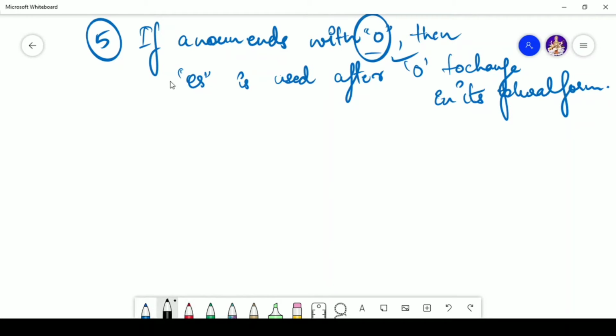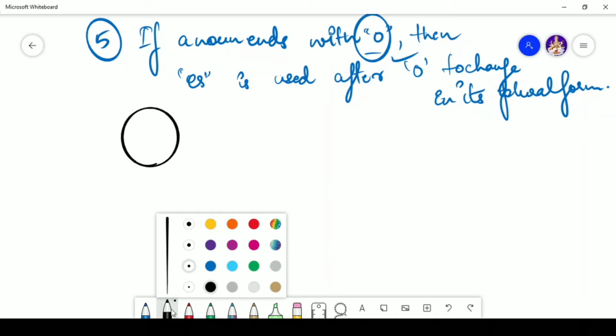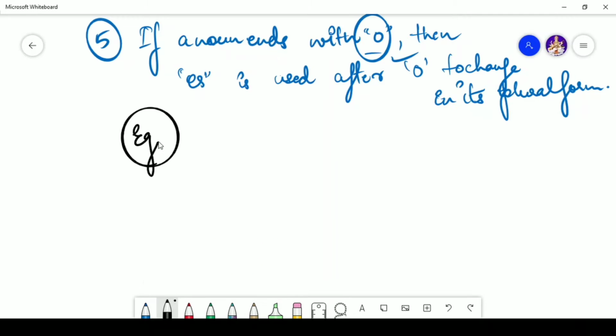Now let's say, for example, when you are talking about an example, like what we said, if a noun ends with O at the end.